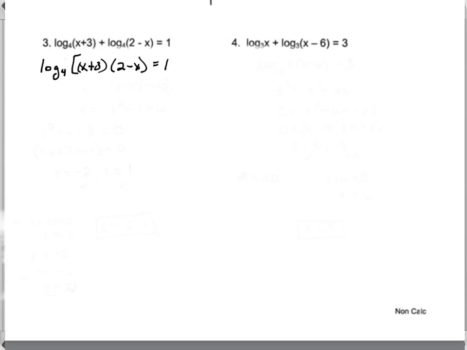Now we have a log on one side, so we're going to put it in exponential form. That was like example 1. The word log is only on one side of the equal sign. So you're going to say 4 to the first is equal to x plus 3 times 2 minus x.